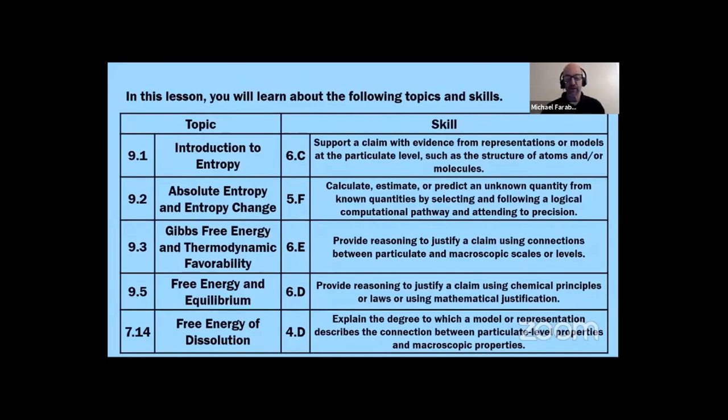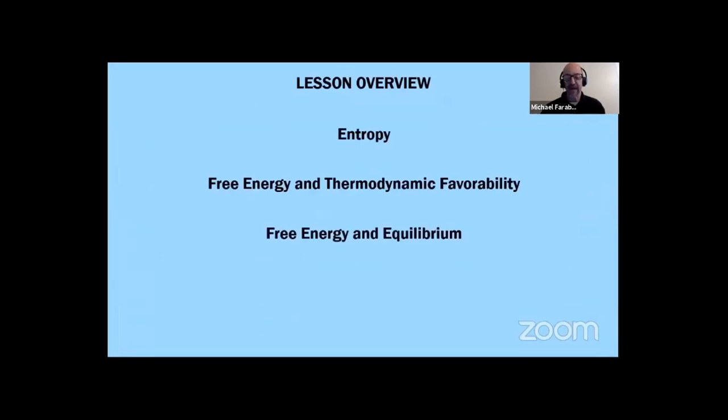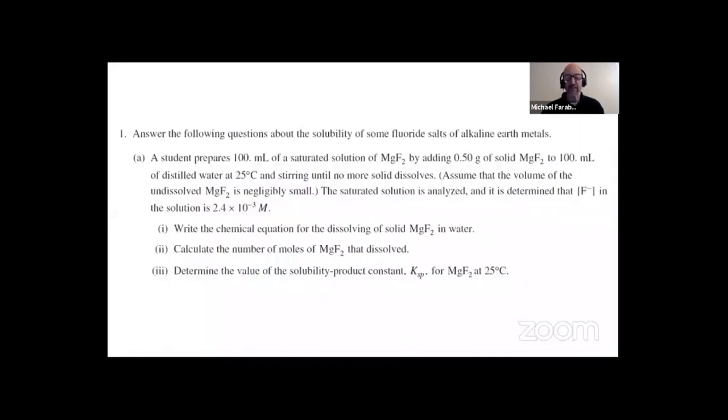So in our overview today, I'll talk about entropy, free energy, and thermodynamic favorability, and as free energy relates to equilibrium and dissolution. Our warm-up problem for today's lesson is the AP Chemistry practice exam question that I had given you in yesterday's lesson for homework.